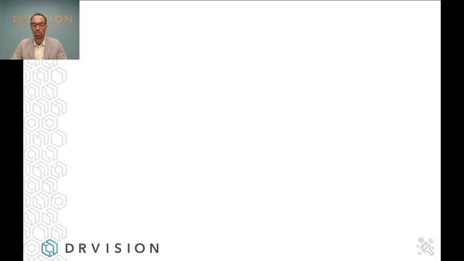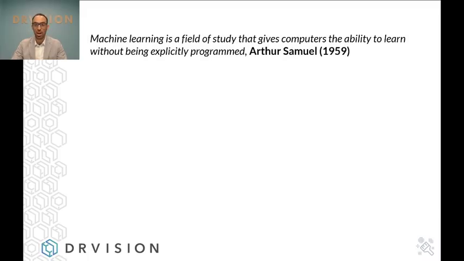The big allure was first described when the term was coined by Arthur Samuel in 1959, a US national who was doing research in this field, and he described it as a field of study that gives computers the ability to learn without being explicitly programmed. Now, this is very attractive, maybe not for programmers per se, because it could take their jobs eventually.